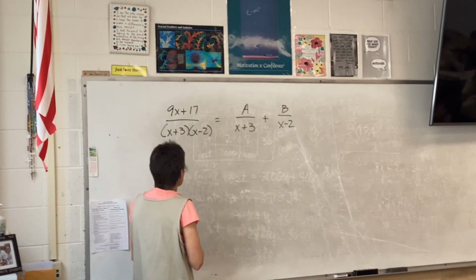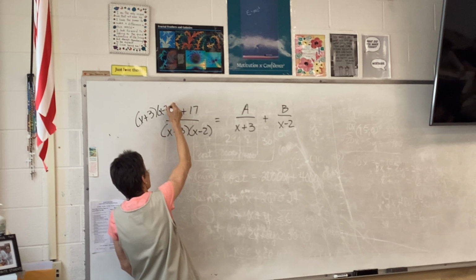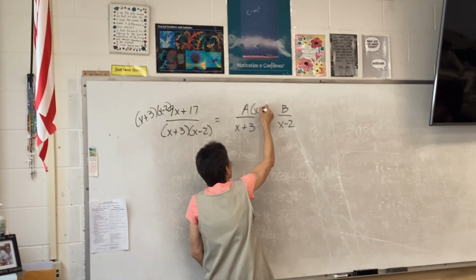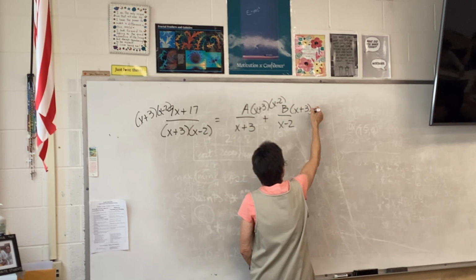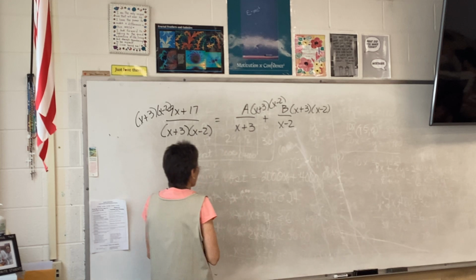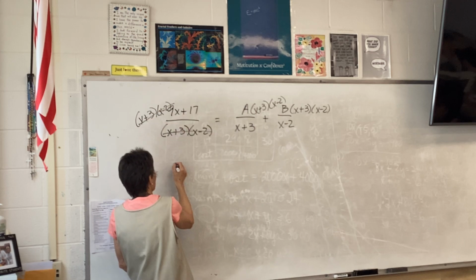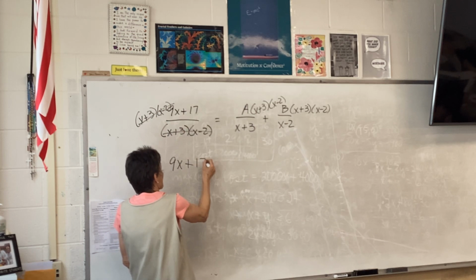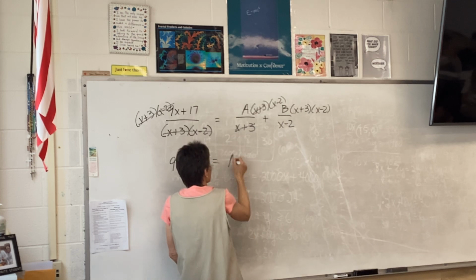Clear the fractions. So basically that means multiplying by x plus 3 and x minus 2. I don't care if you show this step or not. You don't have to, because some of you just do this in your head. But what you are doing literally is multiplying by the common denominator so that every denominator cancels.